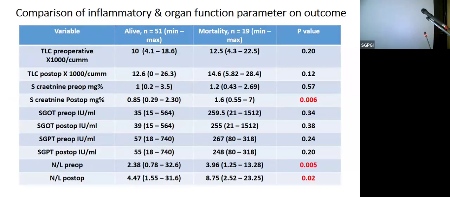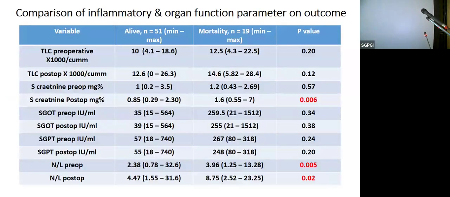Then I compared the same parameters in live and mortality groups. In the live and mortality comparison, the significance was for creatinine in post-op and neutrophil lymphocyte ratio in both pre-op and post-op.